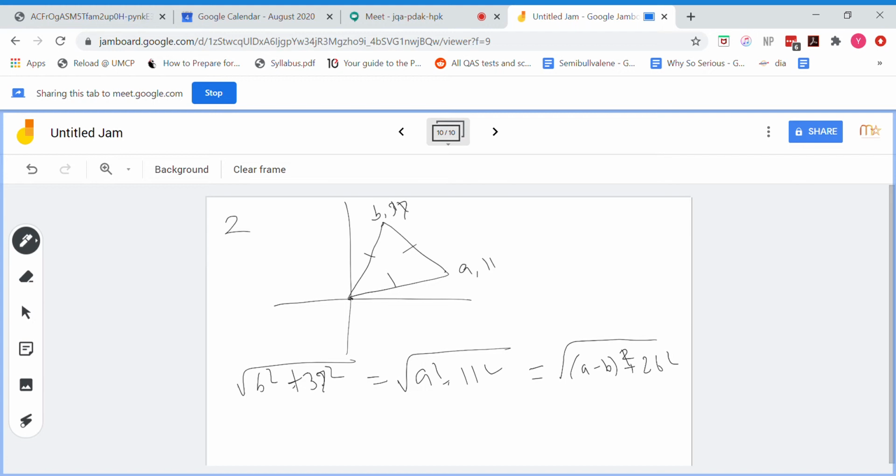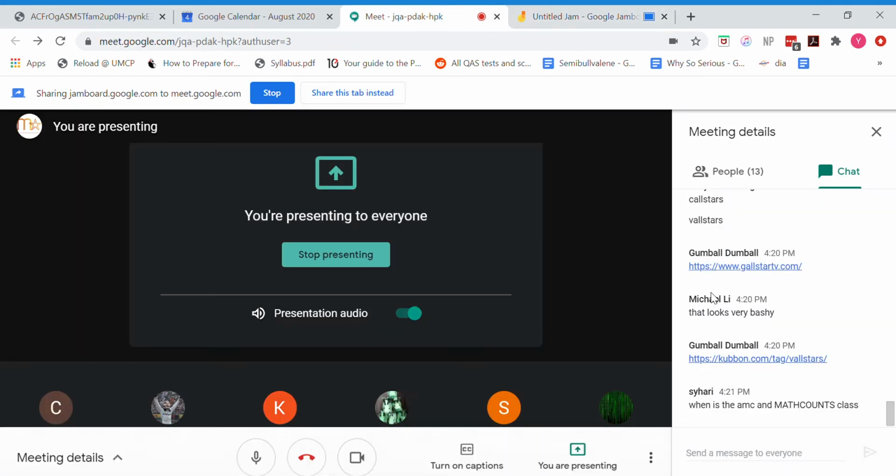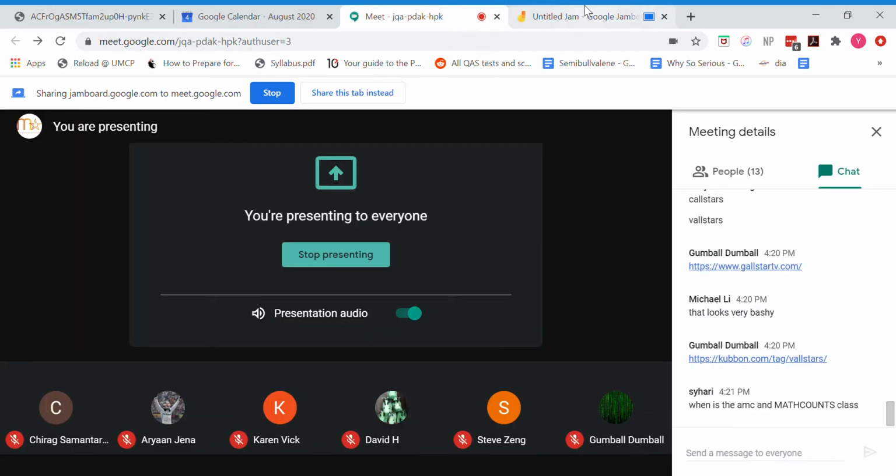So this makes this problem a very good candidate for complex geometry, mostly because this angle is 60 degrees. We can see that (a, 11) rotated counterclockwise 60 degrees is simply (b, 37). This rotation is also what makes it a good candidate for complex geometry.